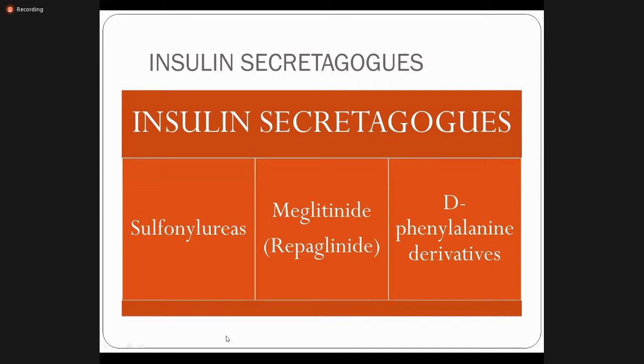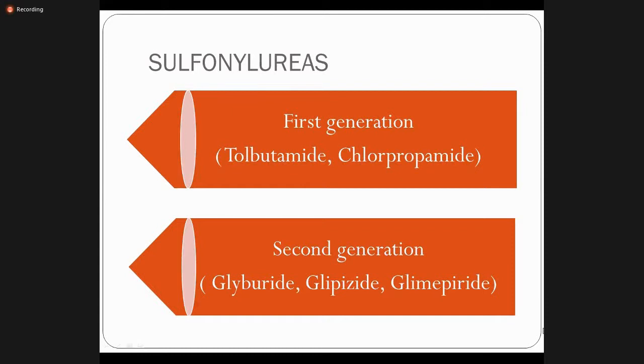Clear? Okay. Now the sulfonylureas are further divided into first generation, second generation, and some authorities suggest a third generation. But most authorities focus on 2 main generations, first generation and second generation. In first generation, we have tolbutamide and chlorpropamide.